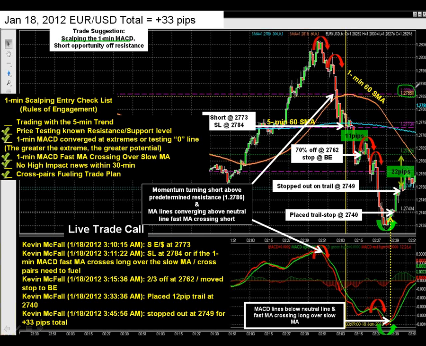You'll see here I'm circling some of these values. These are resistance support levels.